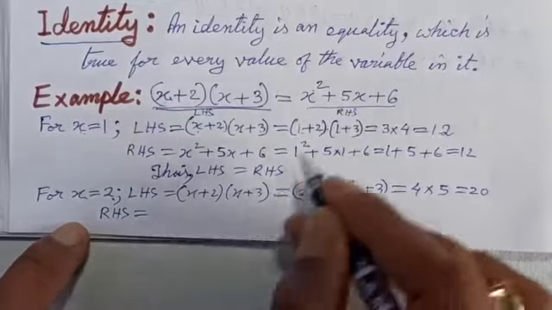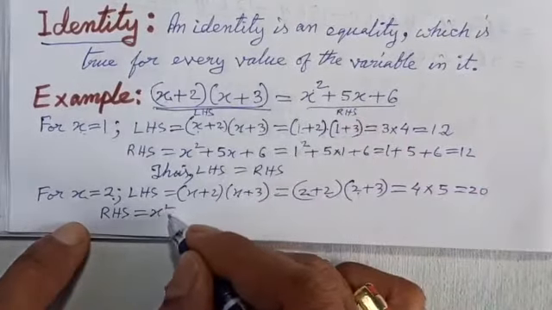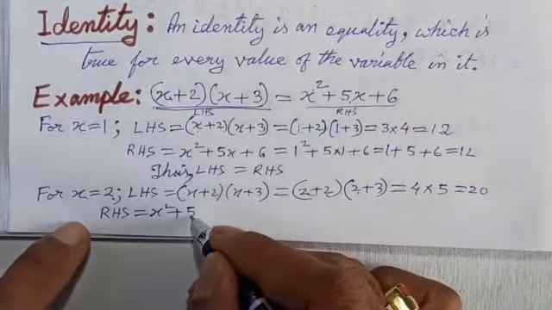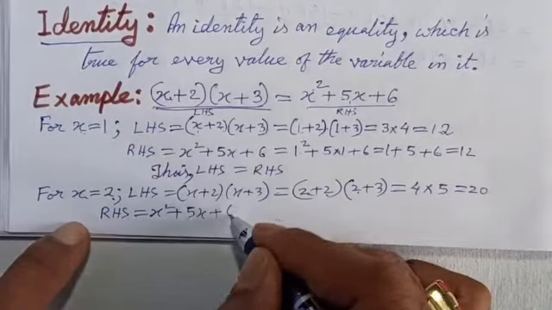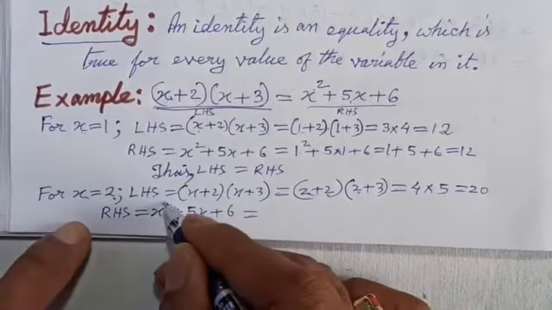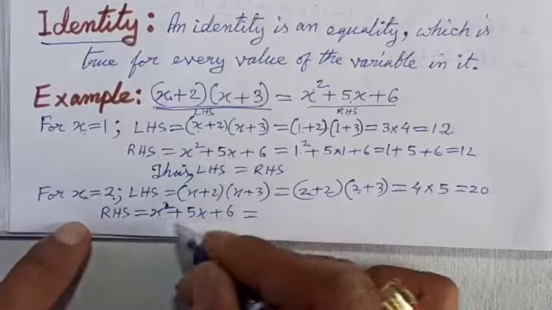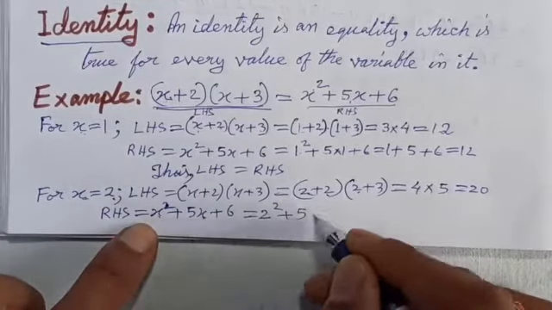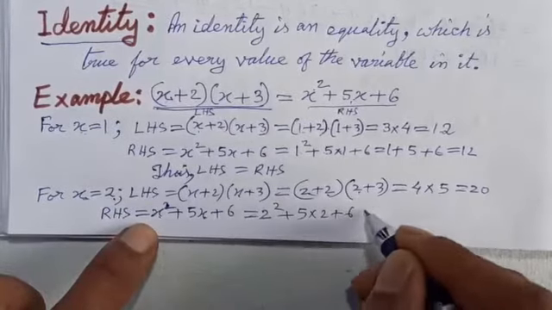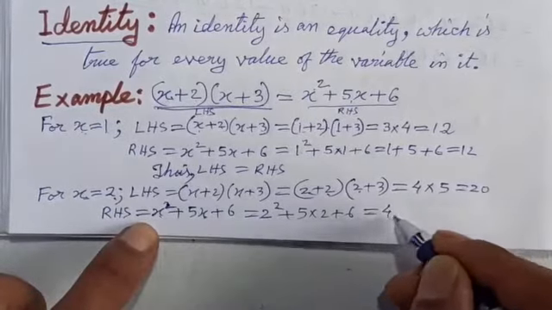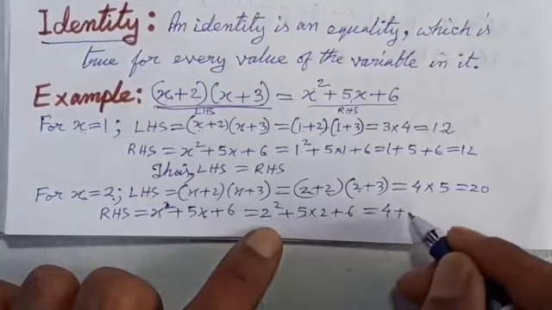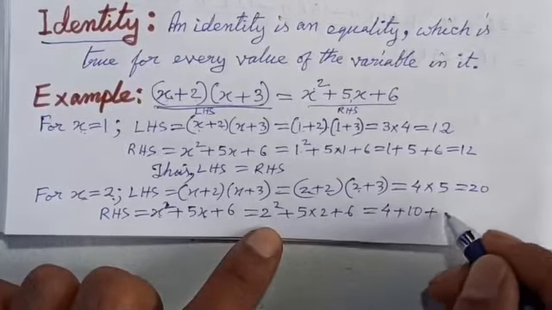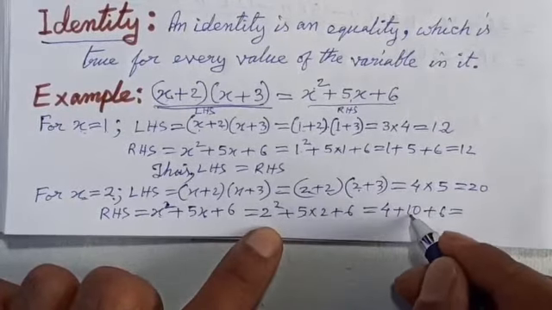Right hand side is x squared plus 5x plus 6. Then x is 2, so this is 2 square plus 5 into 2 plus 6. Let's find out this value. 2 square is 4 plus 5 twos are 10 plus 6. 4 plus 10 is 14. 14 plus 6 is 20.